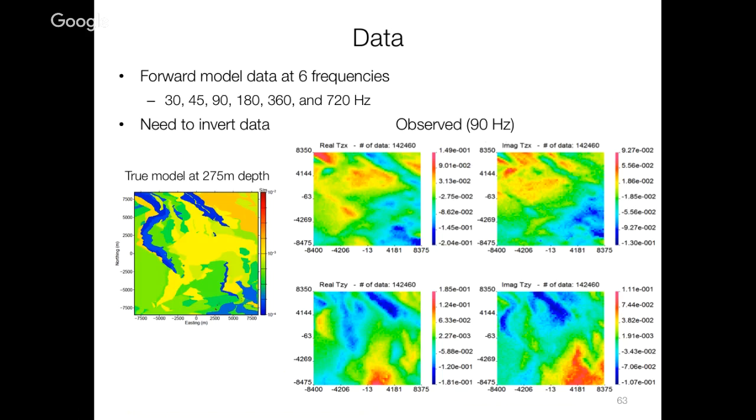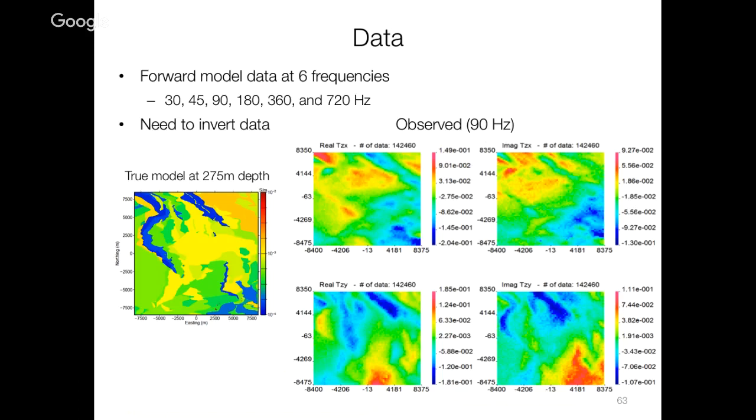If you look at the data, so here's your transfer functions, TZX. So this is the real part, 90 hertz, looks like that. Imaginary part looks like that. If you look at TZY, real and imaginary. So there's 4 pictures.